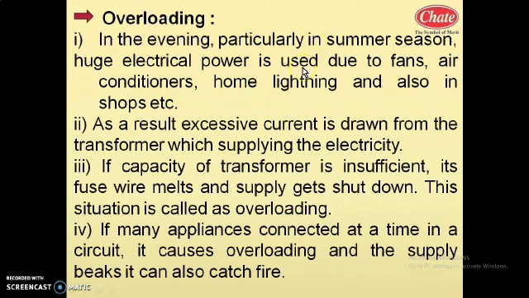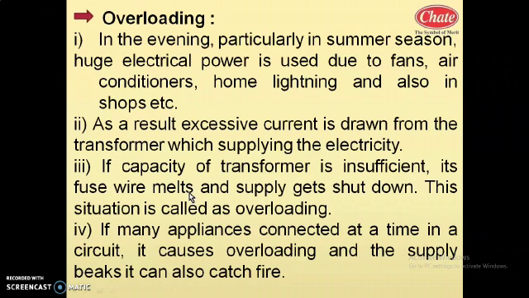Electricity demand increases. As a result, excessive current is drawn from the transformer. Due to that, what happens? Excessive current starts being drawn from the transformer by each and every electrical consumer. Here there is overloading on the transformer. If the capacity of the transformer is insufficient, due to this excessive current, its fuse wire melts.